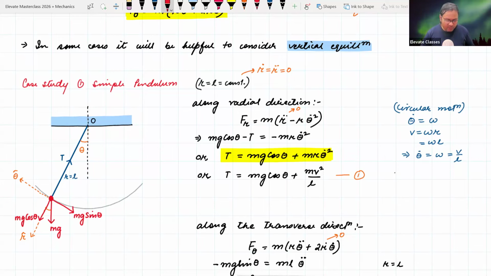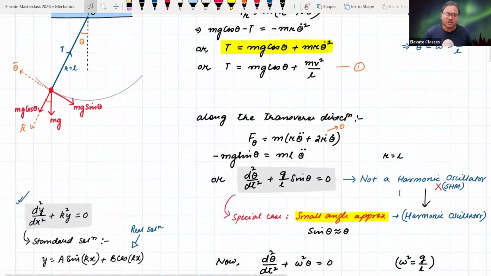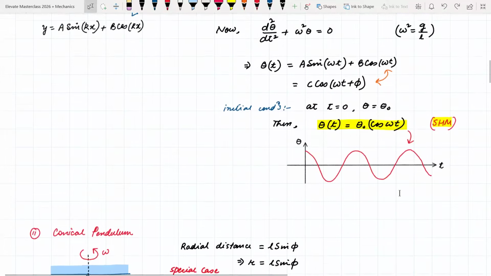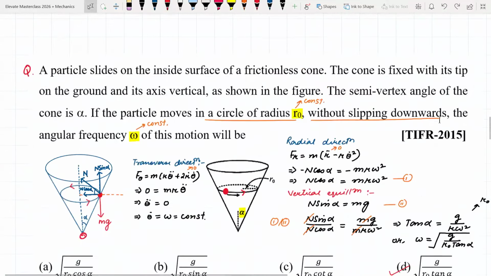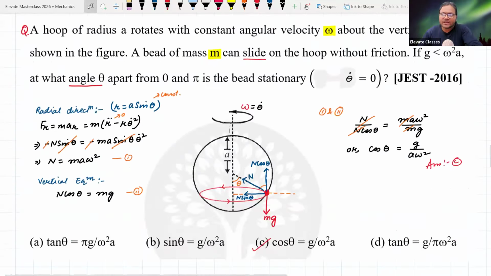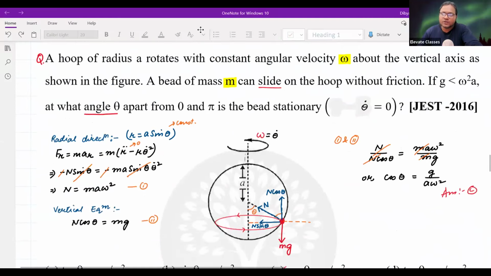But one is a stable equilibrium, the other is an unstable equilibrium. Have you studied stable and unstable equilibrium? Yes, I have studied. We will do potential energy analysis. If you draw a potential energy graph, you will get a maxima and a minima. Minima is a stable equilibrium, maxima is an unstable equilibrium. So theta equal to 0 is a stable equilibrium, theta equal to pi is an unstable equilibrium.